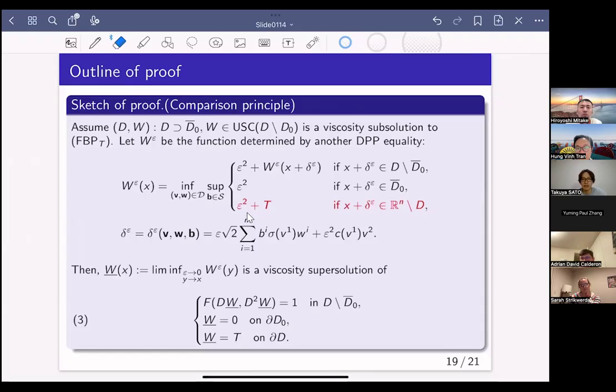But if player one exits from this side, then player one needs to pay a large T to player two. But in the same way as main result one, we can show that this W under bar is a viscosity supersolution of this Dirichlet problem under this donut-shaped boundary domain.